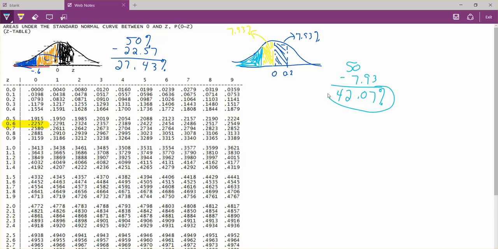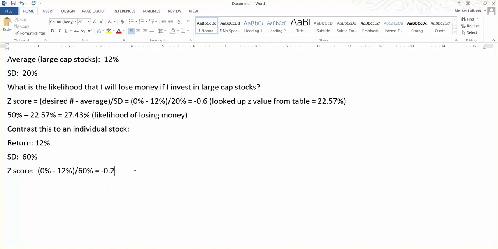42.07%. So this is the likelihood of losing money if I invest in Amazon, an individual stock that has a much higher standard deviation. So again, I'm going to pop this over into Excel. So I looked up the Z value from the table, and it was 7.93%, and then I took 50%, subtracted 7.93% to give me 42.07%.